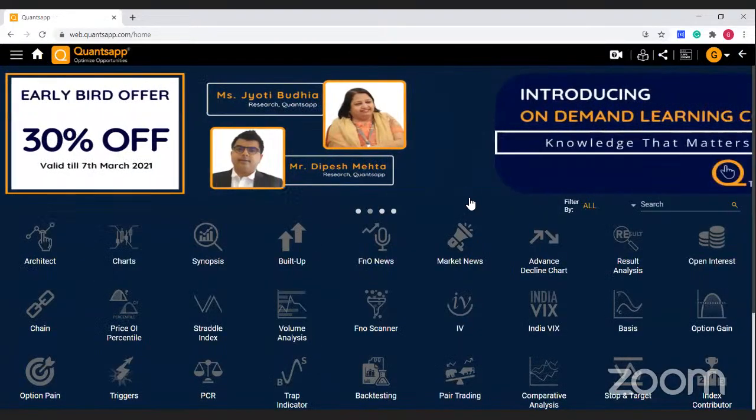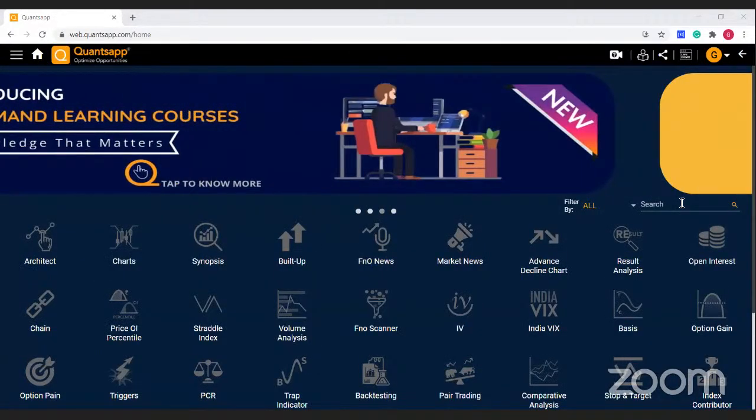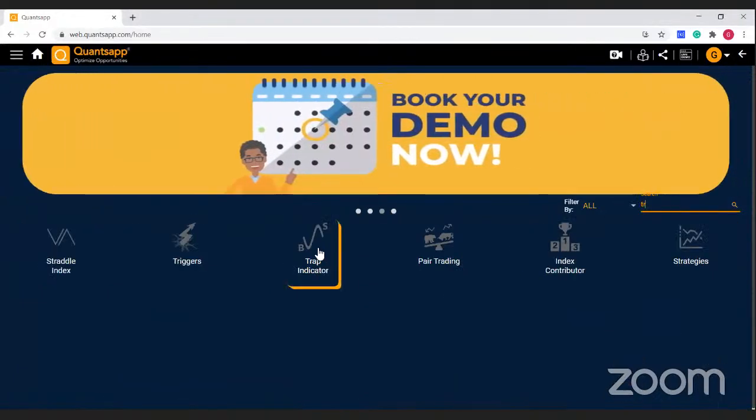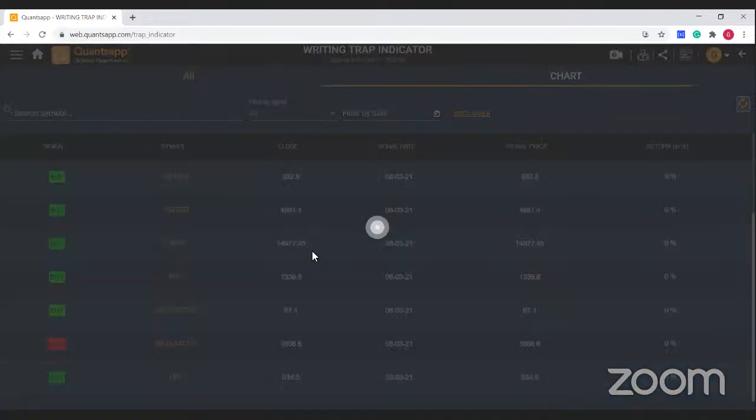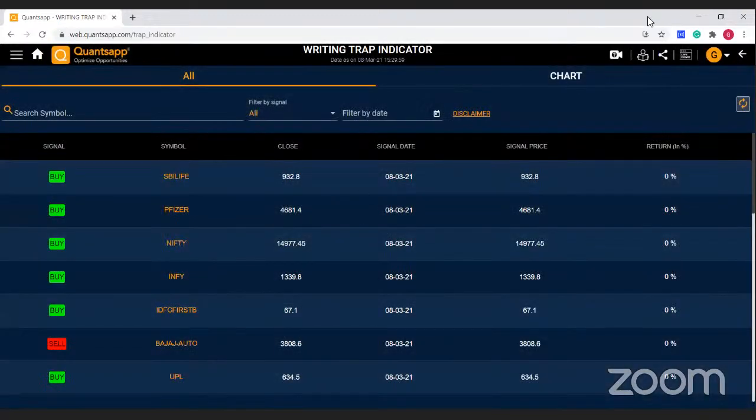And the trap indicator, I would say, is the Quantsapp proprietary tool. We have made this tool for when I want to see which stocks the writers are being trapped in.